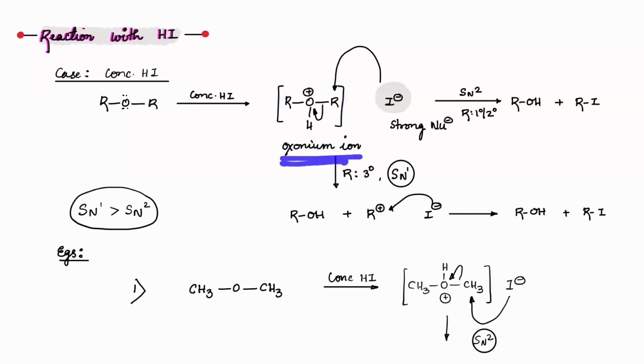Then you get this oxonium ion. Then I minus, being a strong nucleophile, would like to attack on the alkyl group following SN1. Sorry, following SN2. And SN2 is usually possible as long as that carbon is 1 degree, methyl or 2 degree. But if it becomes 3 degree, definitely it will search for the route of SN1.